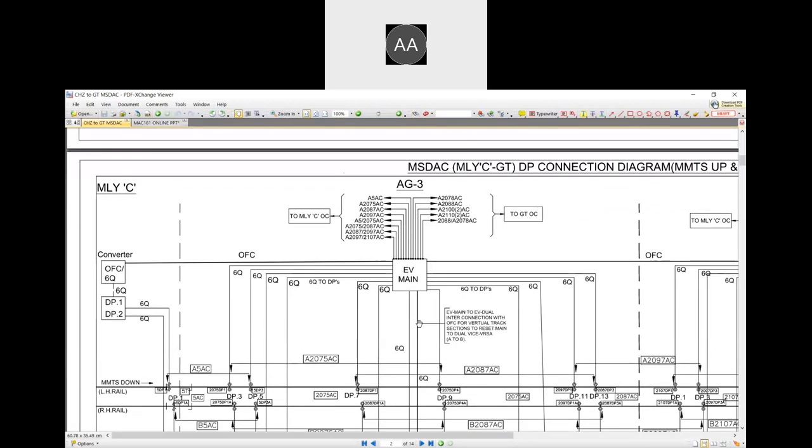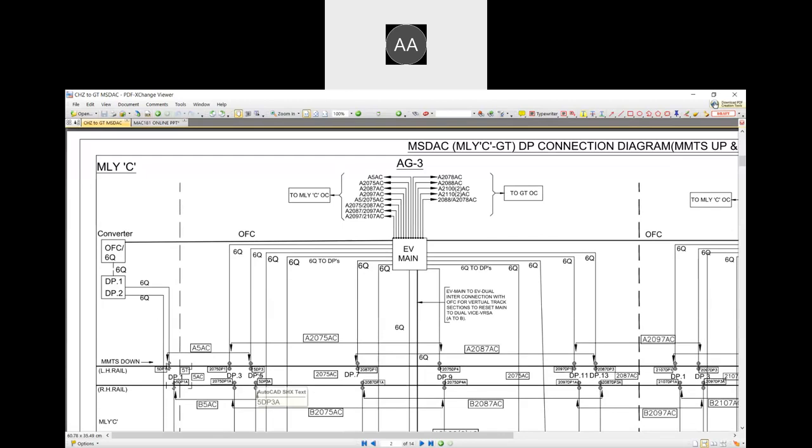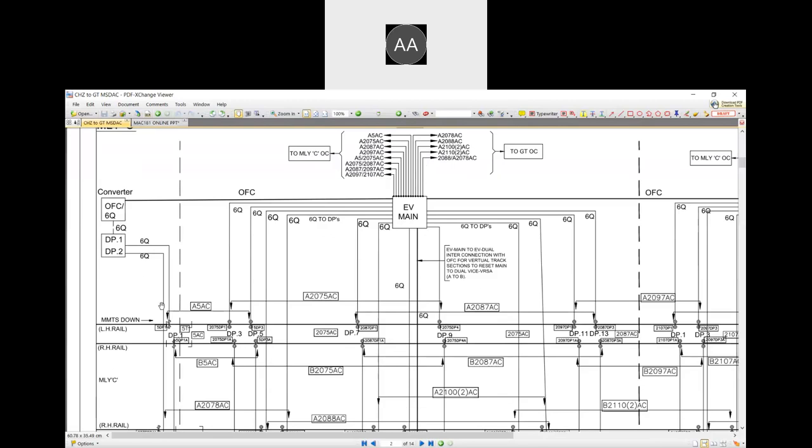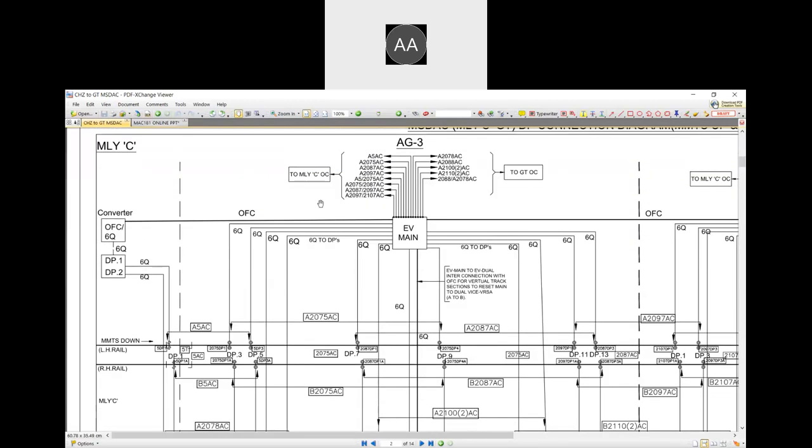Normally in auto section, we provide a central evaluator in the central Gumti only. All DP information which is near the auto Gumti is brought through quad cable, and the DPs which are remote from the auto Gumti, means those located in stations, we bring that information through quad to OFC converters. This is the cable coverage plan, how we connected individual DPs to evaluators.